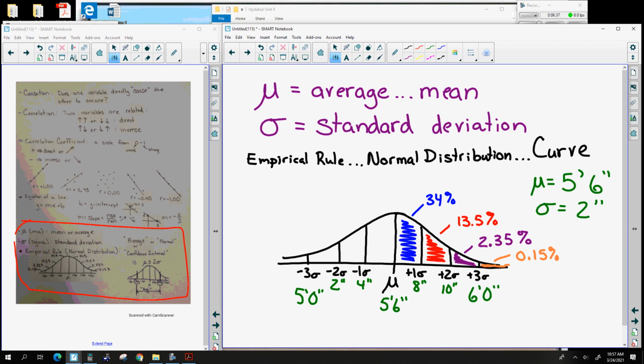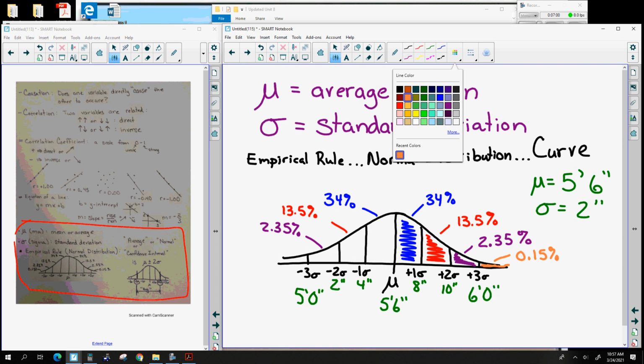These exact same numbers are symmetrical, so these percentages are the exact same on the reverse side. So that's 34, that's 13.5, the next is 2.35, and then last but not least is 0.15.